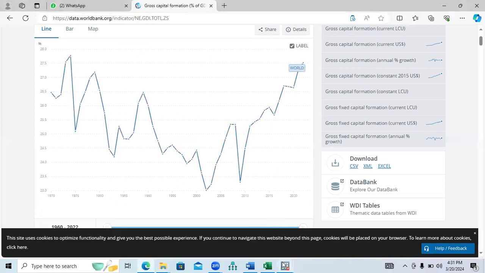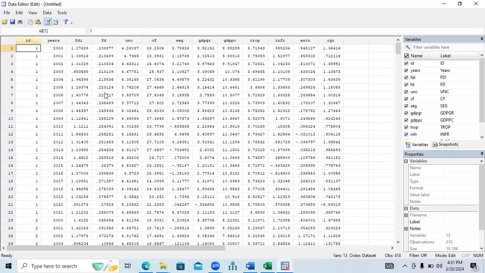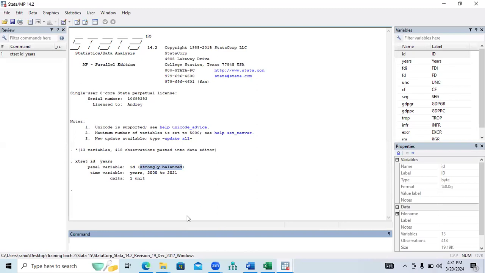It means that when you have data for a number of countries, and the data is available for all years for all of the countries, then it is a balanced panel. So this indicates that it is a strongly balanced panel. It is also indicating that we have a year range from 2000 to 21. In this way, Stata has understood the panel.